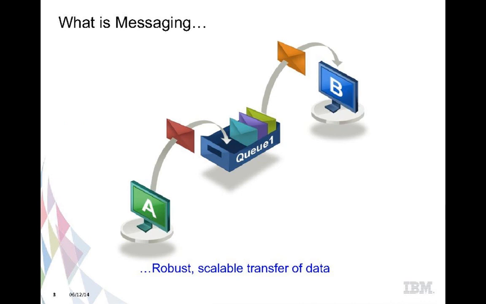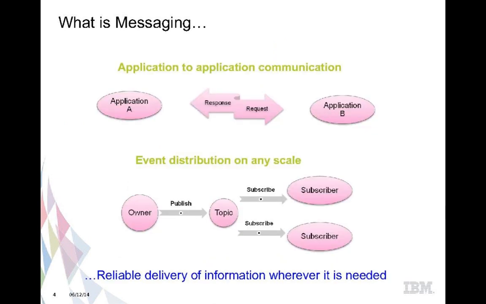I'm moving on to the next slide. There are two major messaging models. Point-to-point, also known as peer-to-peer messaging, is what we saw in the previous slide, where two applications communicate with each other via a message, which can also be a request-reply scenario. The other model is publish-subscribe, an event-driven messaging where interested clients register themselves to receive messages.